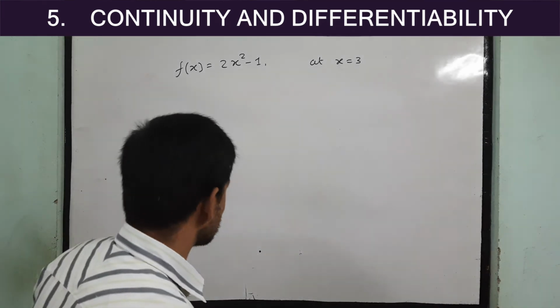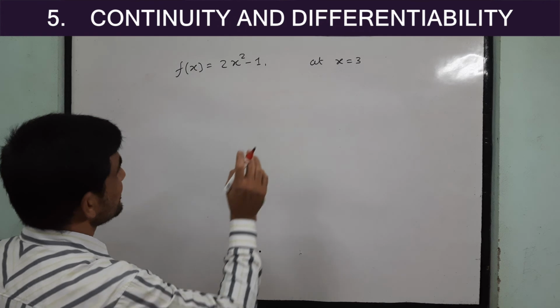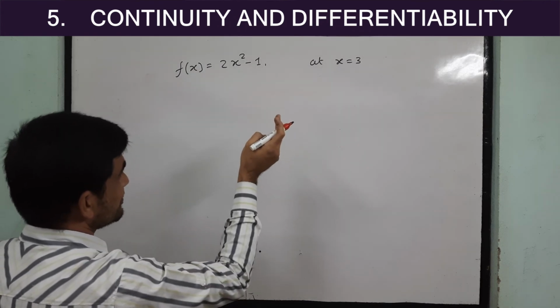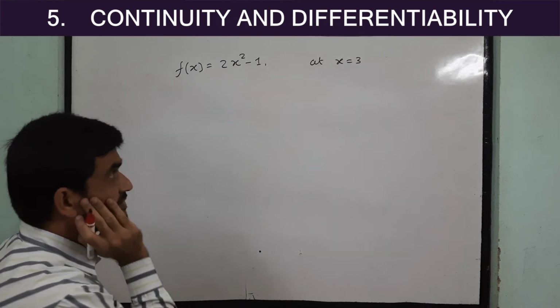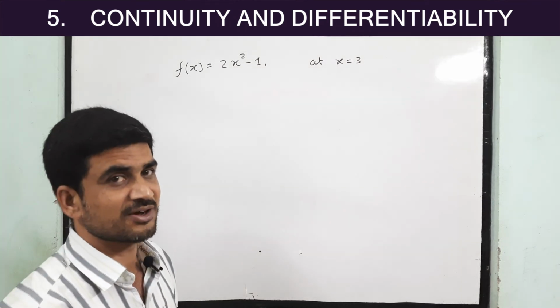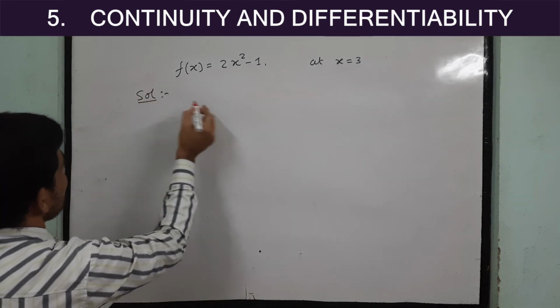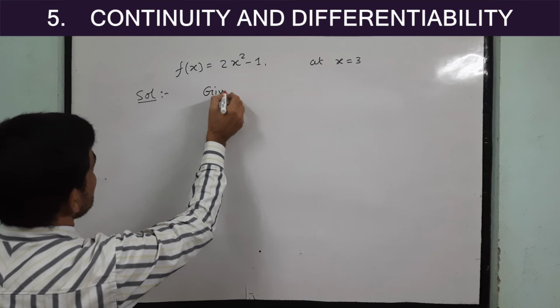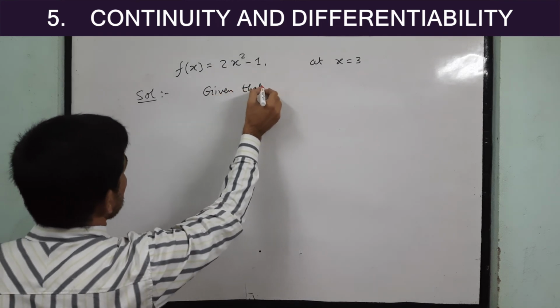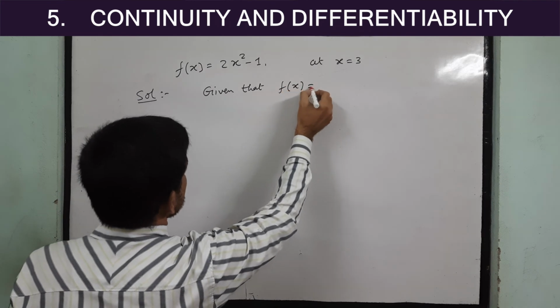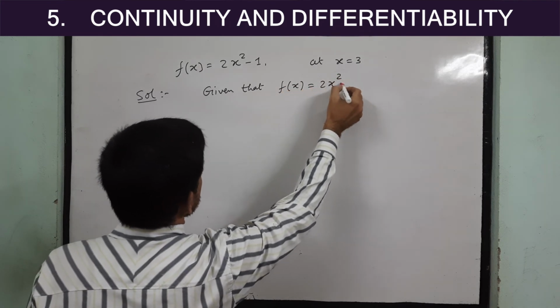As you know the concept, the left hand limit at x = 3, the right hand limit at x = 3, as well as the value of the function at x = 3, all should be equal. First of all we will find its value at x = 3.